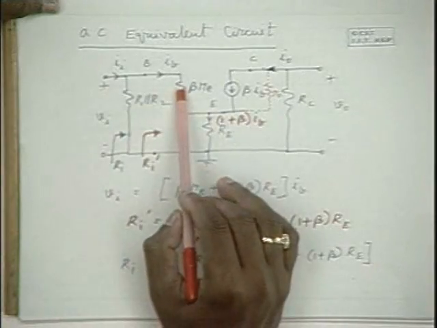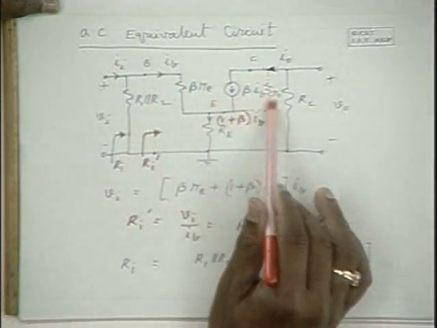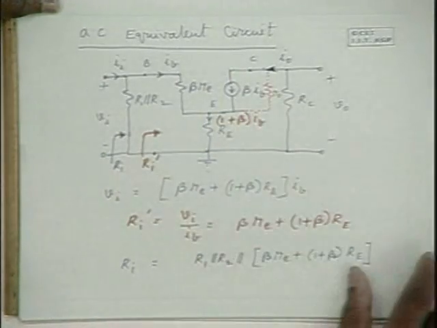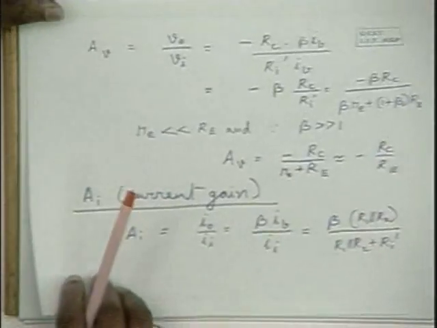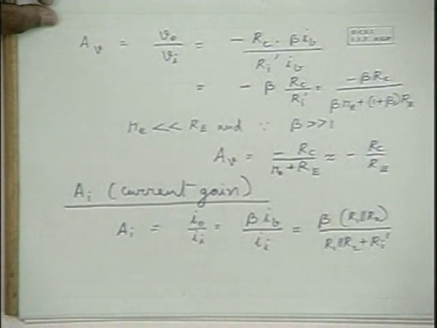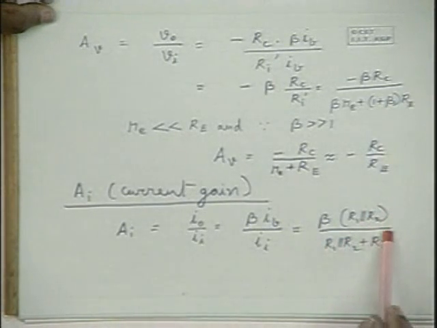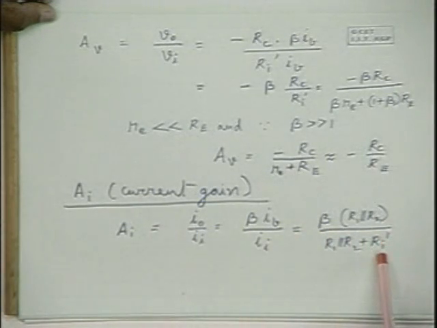Hence, this ratio is almost unity, and the output current to input current ratio is almost equal to beta. So now the accurate expression can be straight away obtained from this expression. It is beta into R1 parallel with R2 divided by R1 parallel with R2 plus Ri dash, which is now going to be beta re itself, which is very small. Therefore, current gain is also considerably increased.